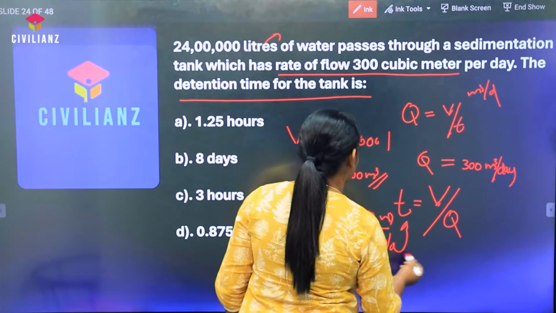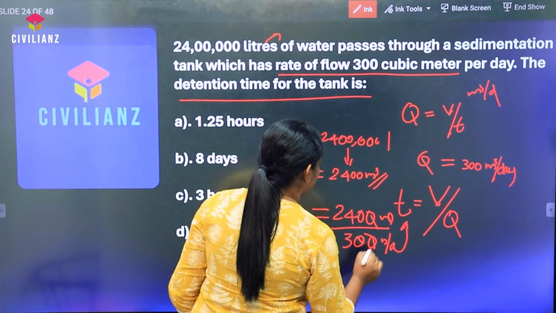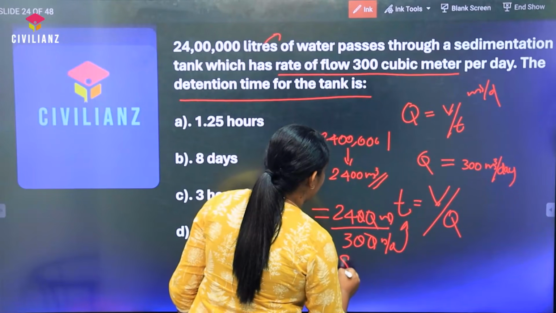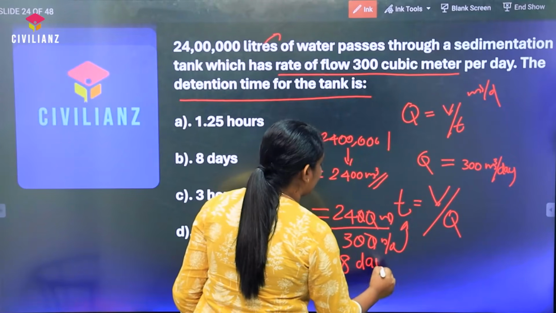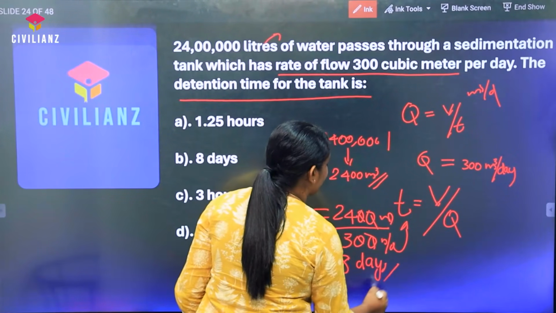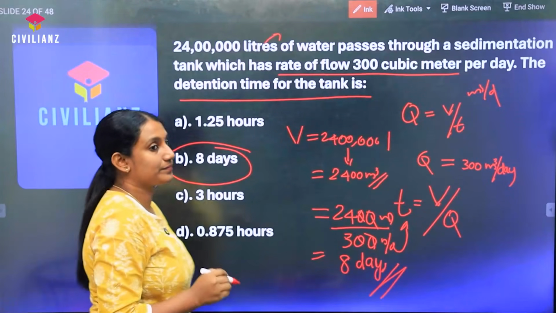So days to the upper side. So we can directly write 8 days. 3 into 24, 8 days. So option B is the answer, 8 days.